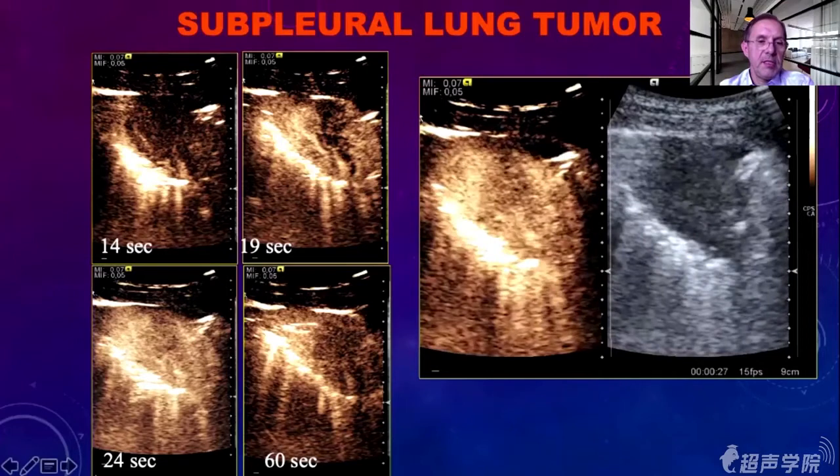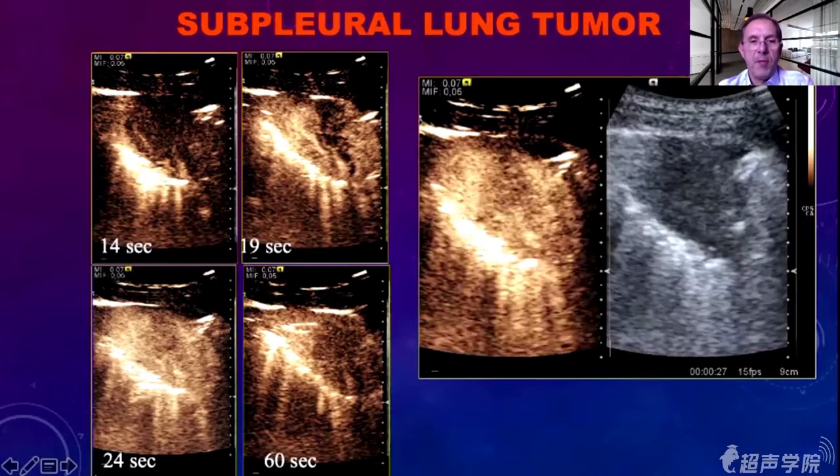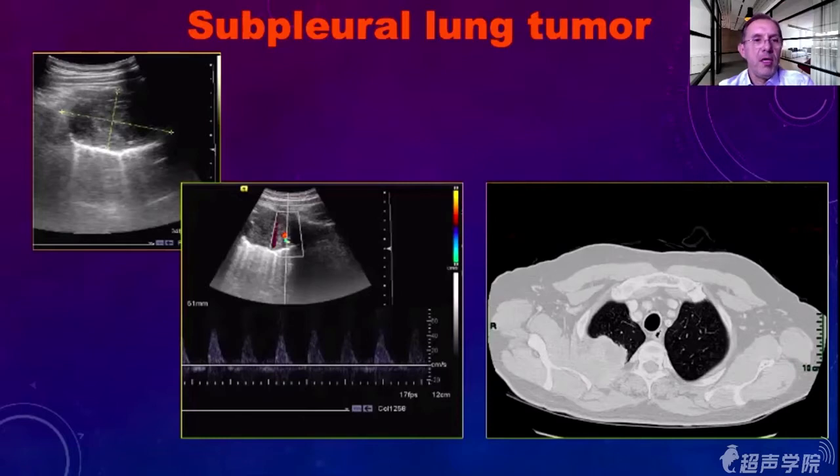And at 60 seconds after injection, the lesion washes out. So this is another very important clue for the tumoral origin of that lesion. This was a case of pulmonary adenocarcinoma.